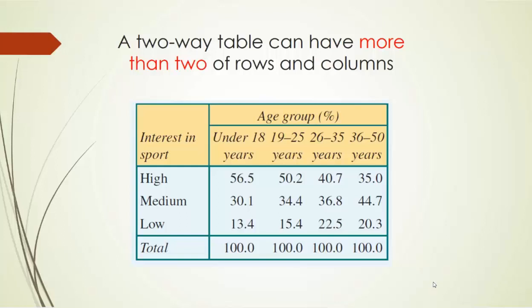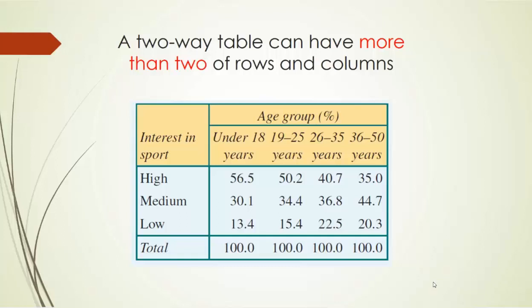The response is interest in sport, which has been split into 3 groups, high, medium and low. So all these young people were asked, or young up to 50, were asked what their interest in sport is. As you can see, when people get 36 to 50, they're losing interest. They've got low interest, 20%. Just make sure they're percentages, which they are, because they add up to 100 everywhere.